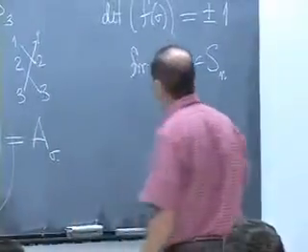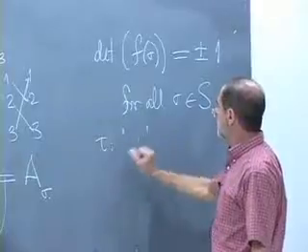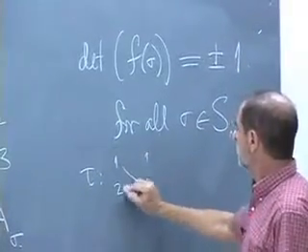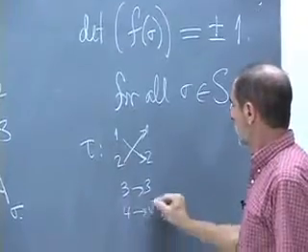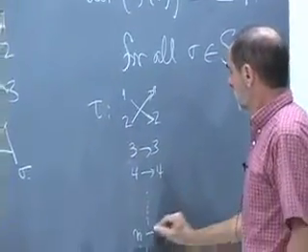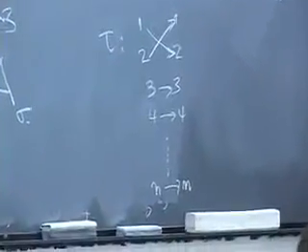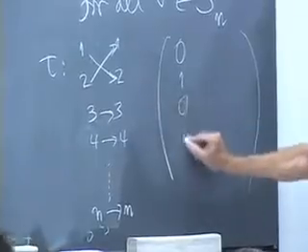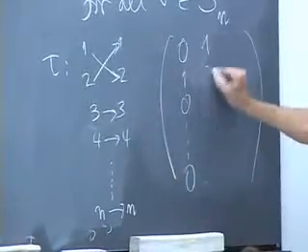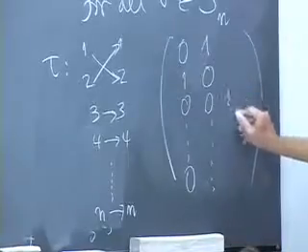And by the way, the determinant can be minus 1, if you take a transposition which takes 1 to 2 and fixes everything else. So that's our simplest element in the symmetric group that moves anything, and as a matrix it looks like this. And then it has ones the rest of the way down the diagonal.